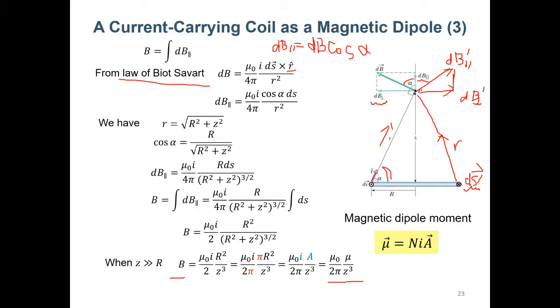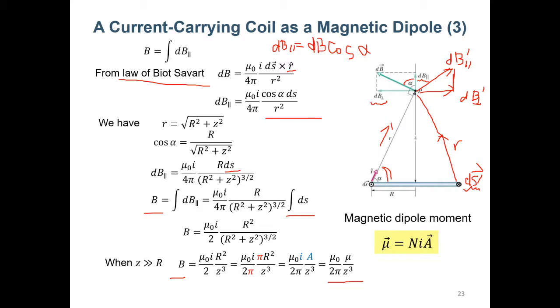So we substitute all of them into the original equation, and then we take the integral so that we can get the overall magnetic field. And actually this is constant over ds. So all of them are factored out, and integration of ds is nothing but 2 pi r.